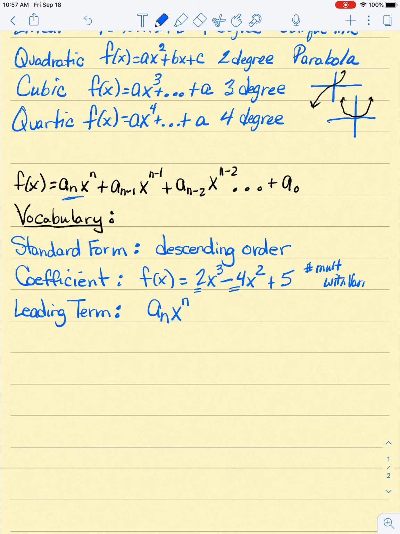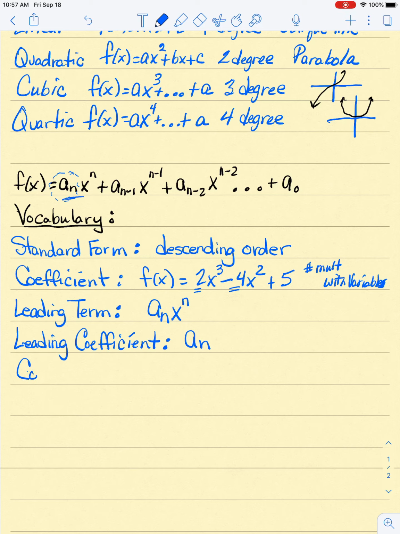Next up would be your leading coefficient. The leading coefficient is the coefficient of the leading term. So in our example here, it's just your a sub n, this first coefficient.